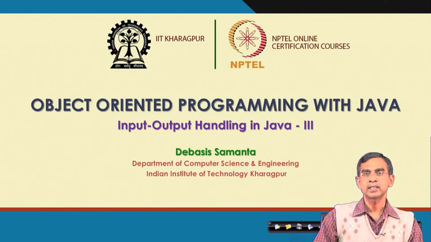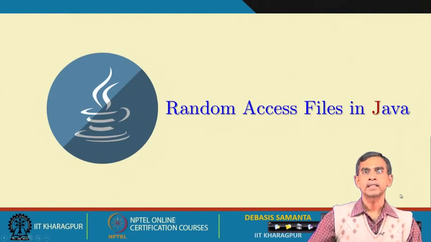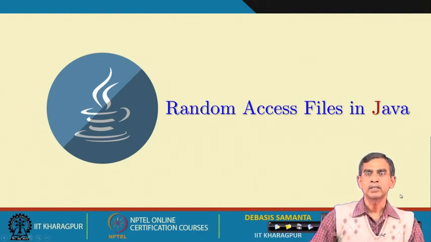In many situations sequential stream access works for us, but there are some situations where we need to access the file in a random way. So, today's topic includes the random access file mechanism in a program.